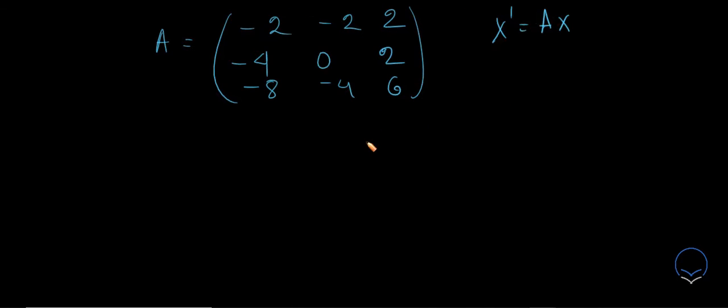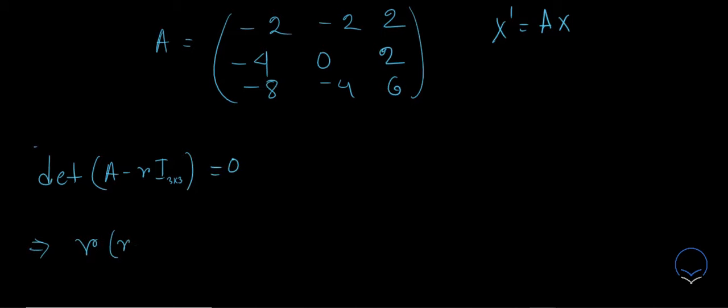First thing first, we need to determine the eigenvalues, and if you denote the eigenvalues by r, you need to compute the determinant of A minus rI, where I is a 3 cross 3 identity matrix. You need to set this to be 0, and if you do that for this matrix, you will find that this turns out to be r times (r minus 2) whole squared equals 0.